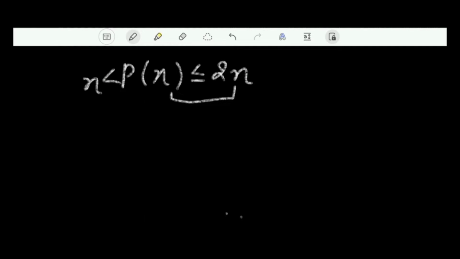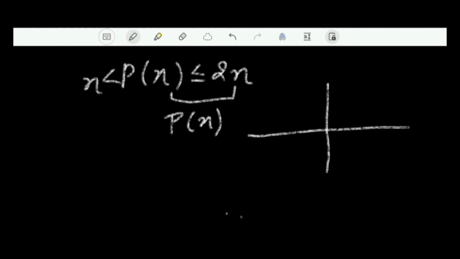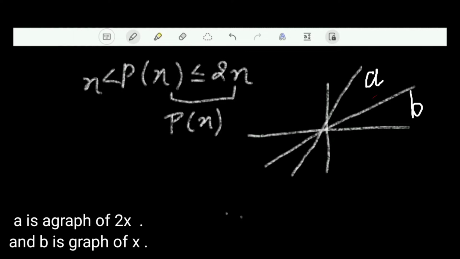Before I start solving the problem, I want to say something about the polynomial P of n. If you see the graph of n and the graph of 2n are something like this.